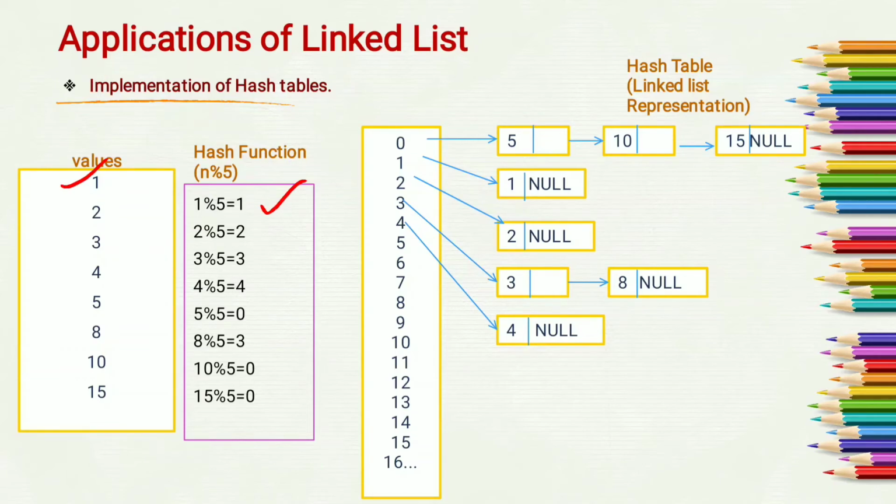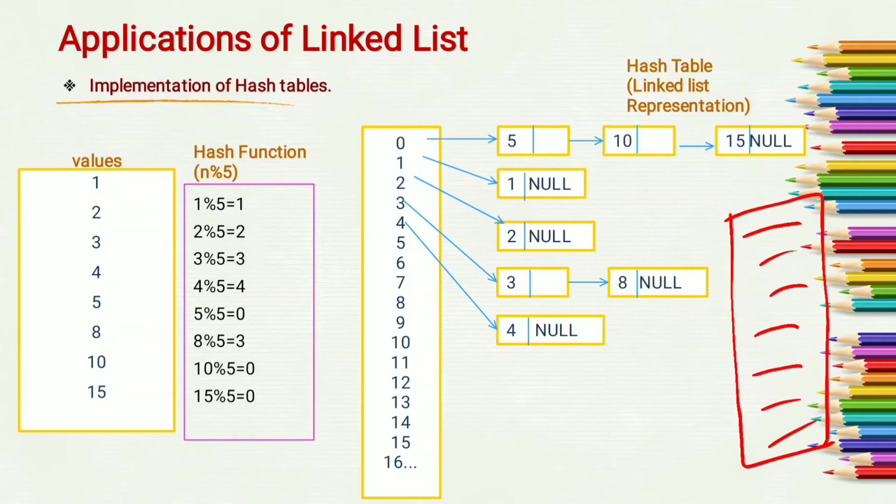When we divide 1 by 5 we get remainder 1. So suppose the value is 5. When we divide 5 by 5 we get remainder 0. That means the value 5 you can get from index 0. Here you can see 5 is stored at index 0.